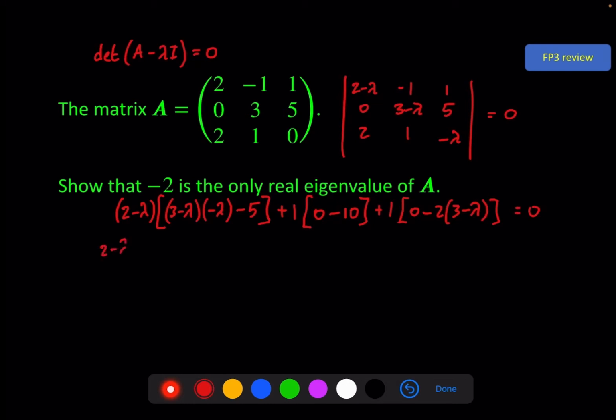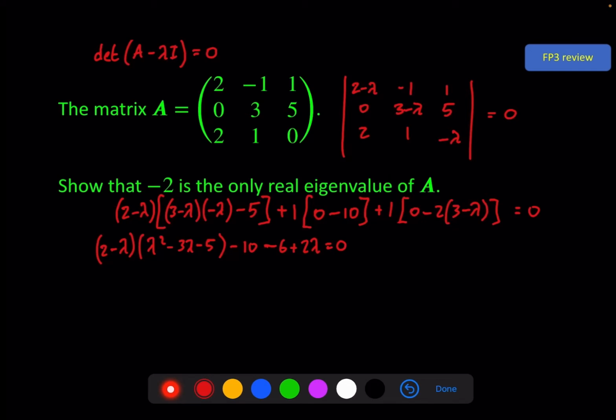So we get 2 minus lambda times lambda squared minus 3 lambda minus 5, minus 10, minus 6 plus 2 lambda. So I can expand this out, collect like terms.